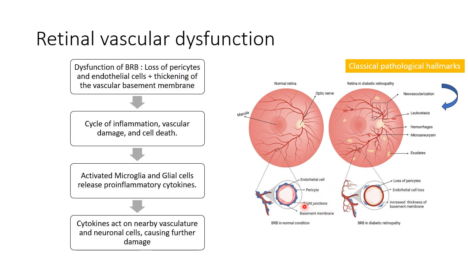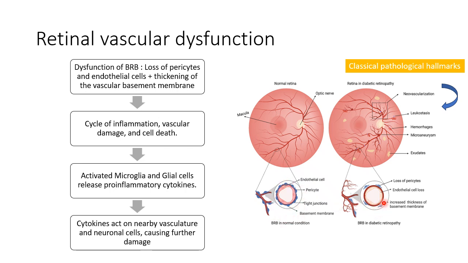Now look at this blood retinal barrier, or in simpler terms, a retinal capillary. It has a lumen. It has endothelial cells which are sticking to each other by tight junctions. It has a basement membrane, the basement membrane of the endothelial cells, and it has these contractile muscles known as the pericytes. This is a normal retinal blood capillary.